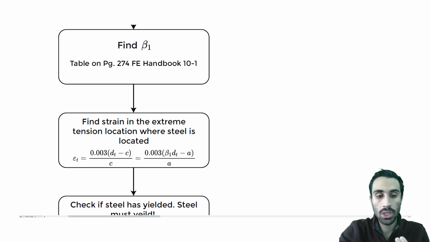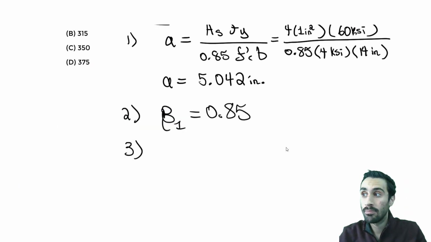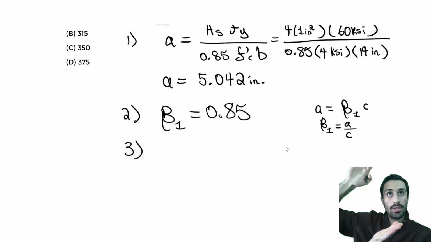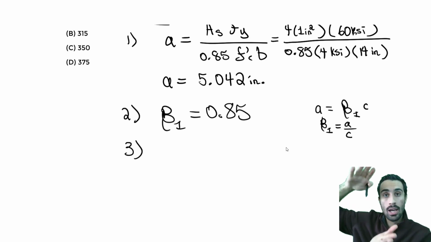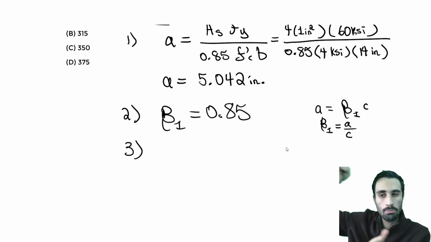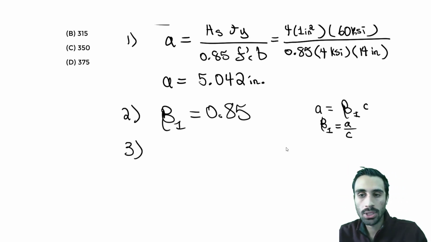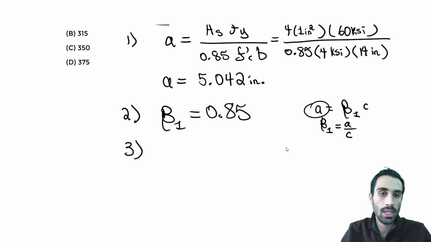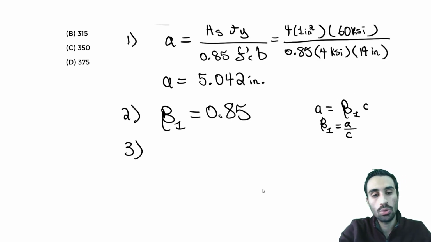We know there's a relationship between beta 1, A and C. It says A equals beta 1 times C. So basically beta 1 is that ratio of A over C. It looks at the stress of the Whitney stress block, how much stress there is based on that ratio. But that's beyond this calculation-based question. Just know, if you want to find C, you would rearrange this and solve for C. We have beta and we found A, so you can get C and use that other equation.